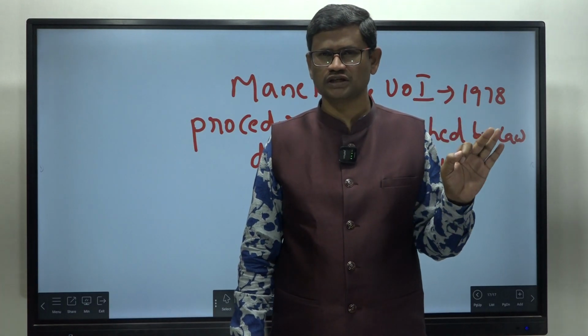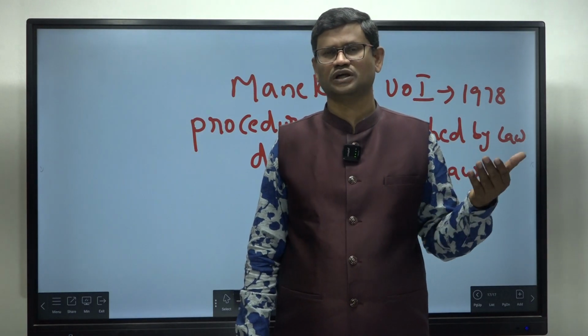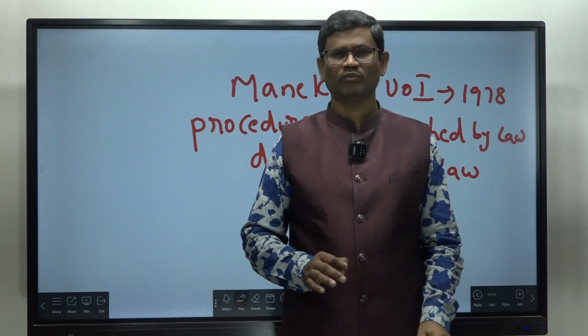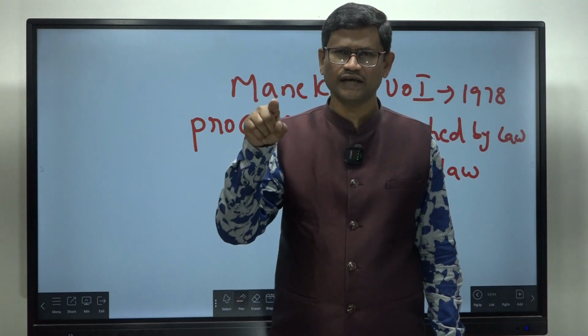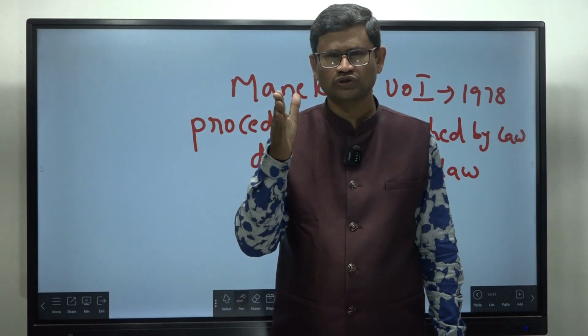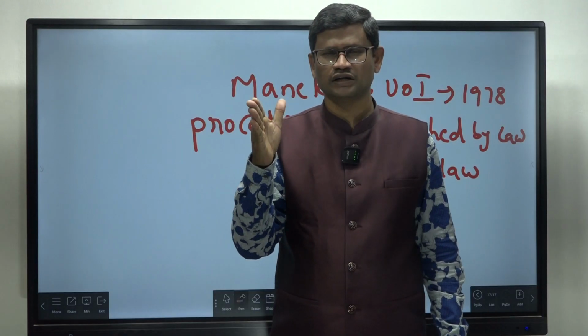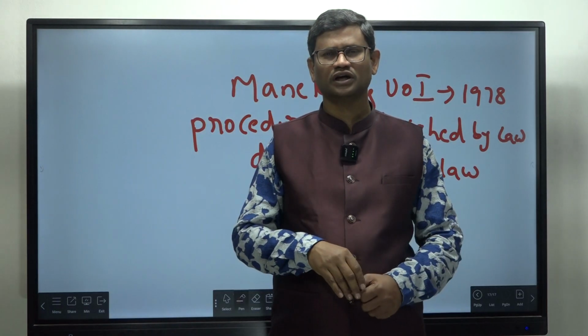If all these three conditions are met, then deprivation of personal liberty is upheld by the courts under procedure established by law. But under due process of law, in addition to these three, there shall be a law in place, which means the executive cannot do that. The executive can do this only with the authority of law, and that law should be made by a competent legislature by following the procedure laid down in the Constitution.